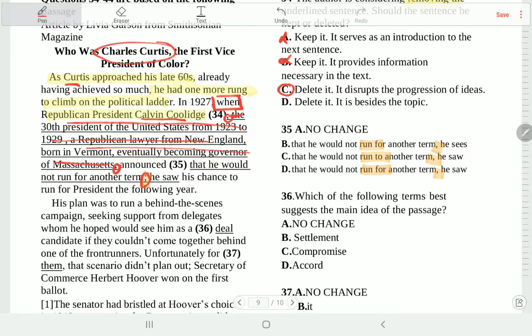This is a complete idea. The sentence started with 'when', a subordinating conjunction. Let me remind you again: when, while, although, if, unless, all these subordinating conjunctions, their clause should end with a comma, because your idea is not finished yet so that you put a full stop. This is an incomplete idea, so put a comma. So it is not A.